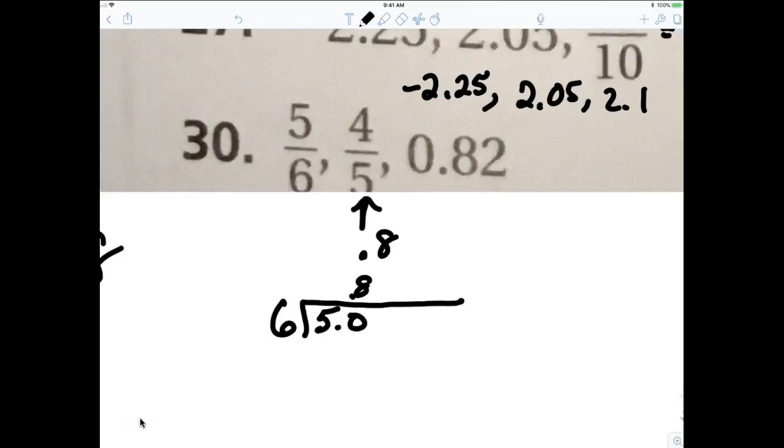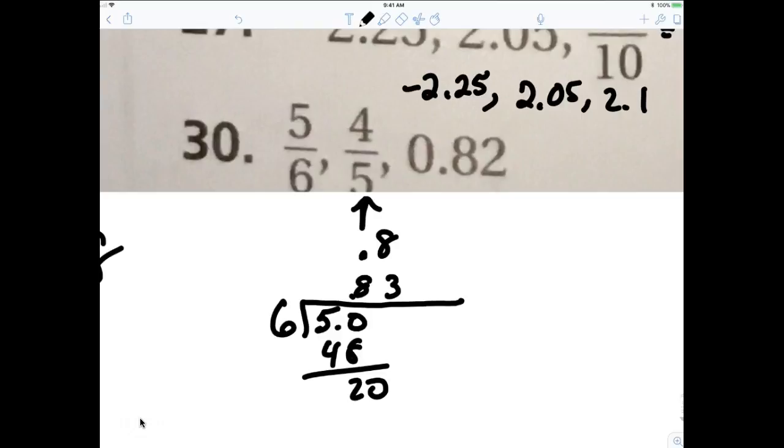Right? So now it's 48. Bring down a 0. How many times does 6 go into 20? 3. Now, can I stop there? Yes, I can.